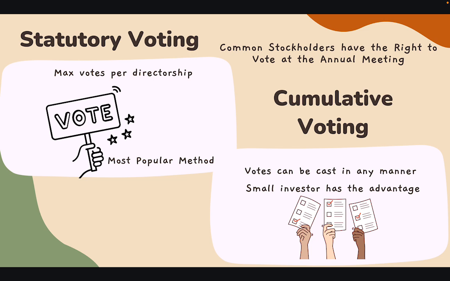So the small investor can have an advantage. They can pool all of their votes and vote for one directorship. Statutory is the most popular; this is really what you need to know. And with cumulative, think of the word: they put the votes in a pool, pile them all together, and vote in one direction.